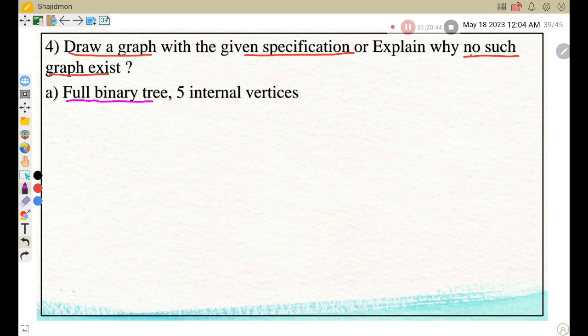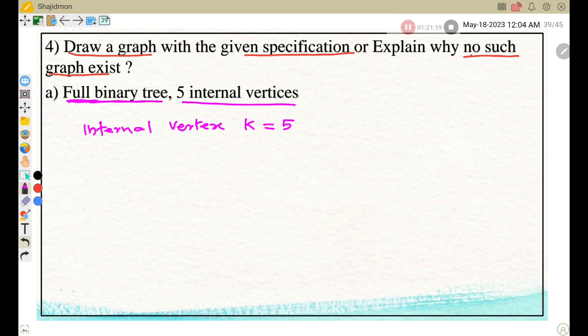What is the first question here? We need to draw a full binary tree with 5 internal vertices. Full binary tree means each internal vertex should have 2 children, correct? How are we representing internal vertices? K. K equals 5.